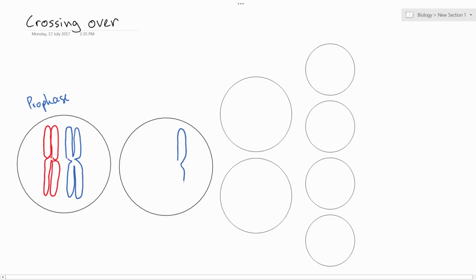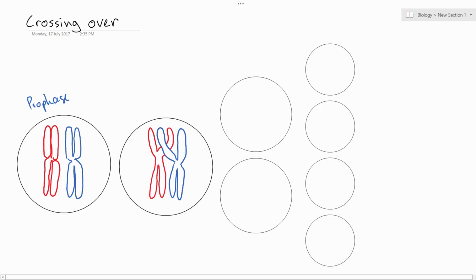Now what can actually happen during this stage is that something called endonucleases can come into play, and they can actually snip and cut these chromatids, which are able to wrap around one another because of their close proximity to each other. I'm trying to draw this the best that I can.